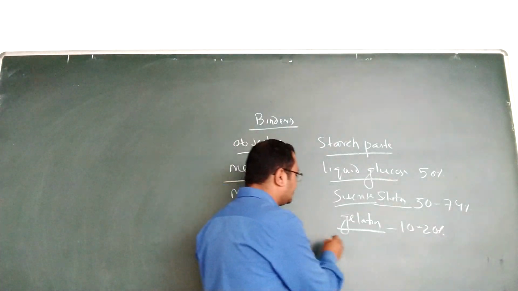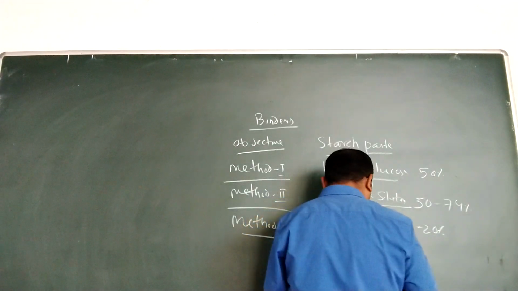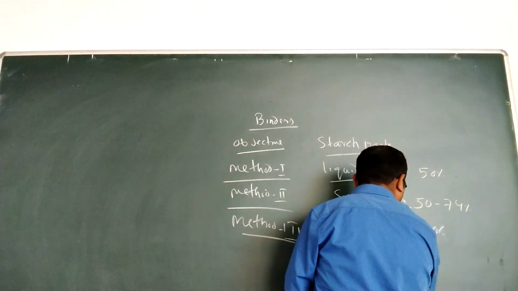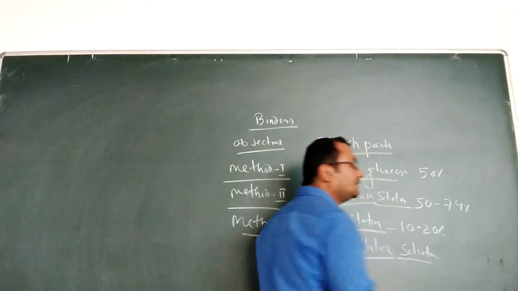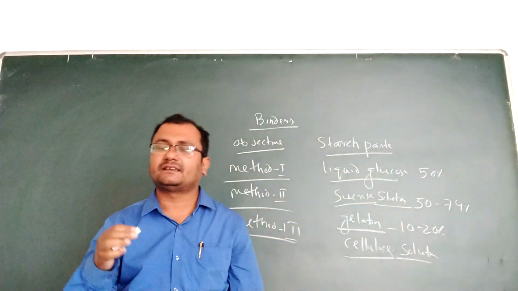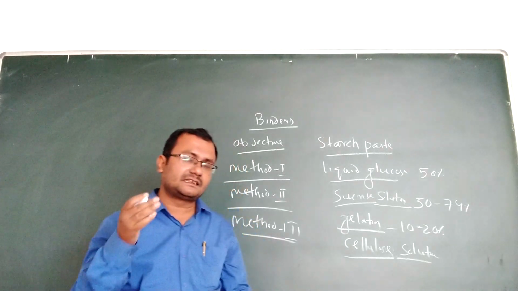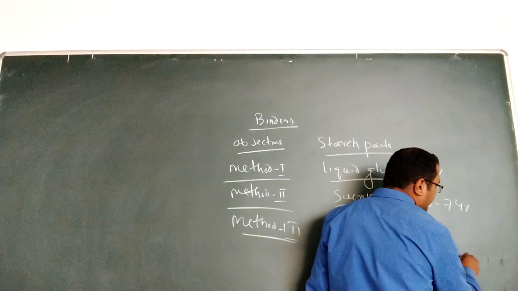Next one, cellulosic solutions. We use different types of cellulose solutions. Cellulose solution means it may be HPMC, which is a different type of polymer.